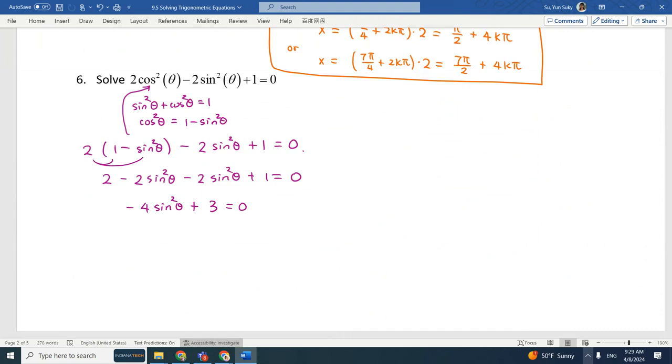Okay, now we need to solve for the trig expression. How do we do that? We want to isolate the trig expression. Subtract 3. So we get negative 4 sine squared equals negative 3.